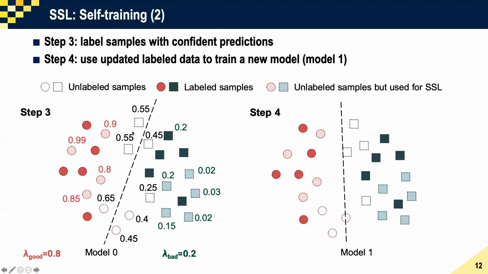In step 3, all the unlabeled data with a predicted probability larger or smaller than 2 thresholds are labeled as good or bad respectively, and will be used as labeled data for a new iteration of training in step 4. In step 4, the updated labeled data are used to train a new model, and the iterations containing the above steps will continue until no more confident predictions can be found.